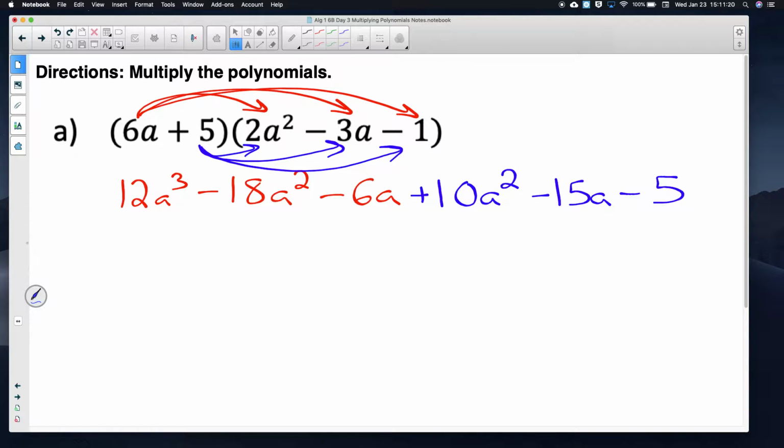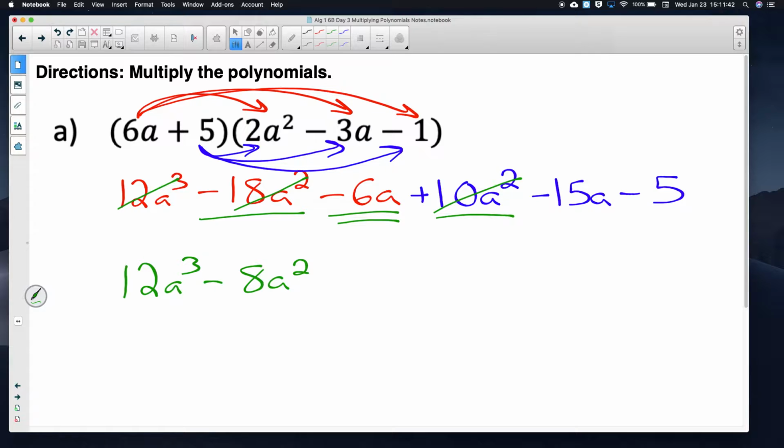So now I need to go through this and combine like terms. I have no other a cubed, so it's just going to be 12a cubed. I've got an a squared there and an a squared here. So negative 18a squared plus 10a squared is going to give me minus 8a squared.